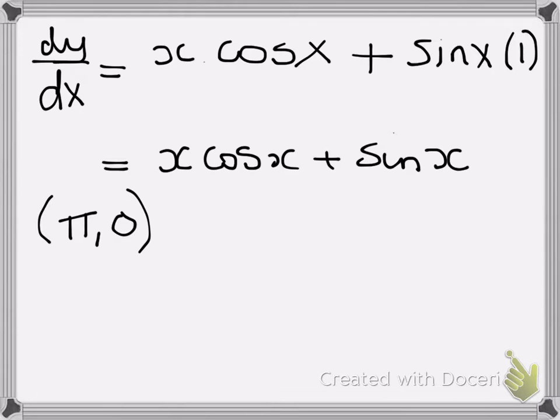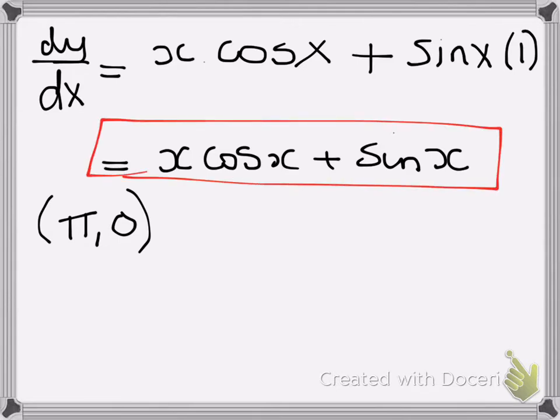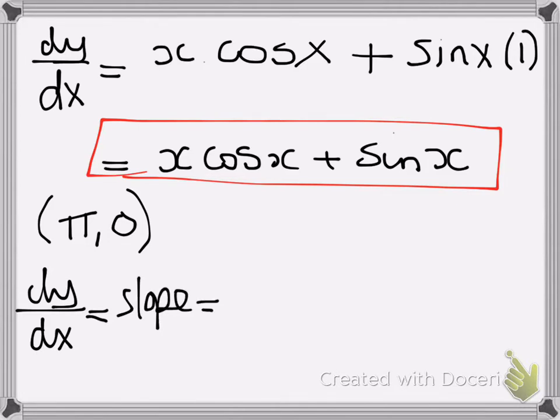So if we have found the slope, which we have, your dy/dx is your slope. So we now want to get the slope as a particular value. So here's my slope. I'm going to sub in for x. So x is pi, so just be careful when you're substituting it in. So dy/dx, or the slope if you want to call it, doesn't make a difference, is going to be pi times cos pi plus sine pi.